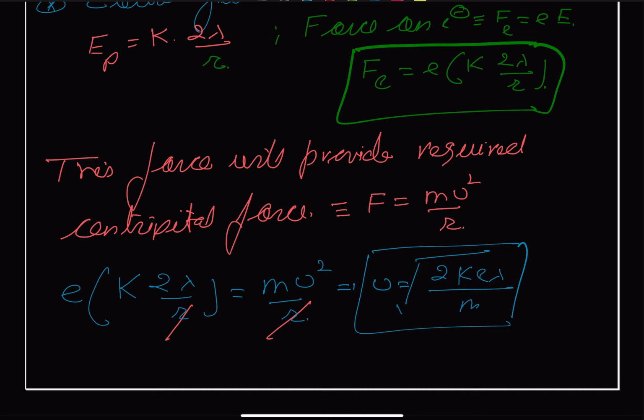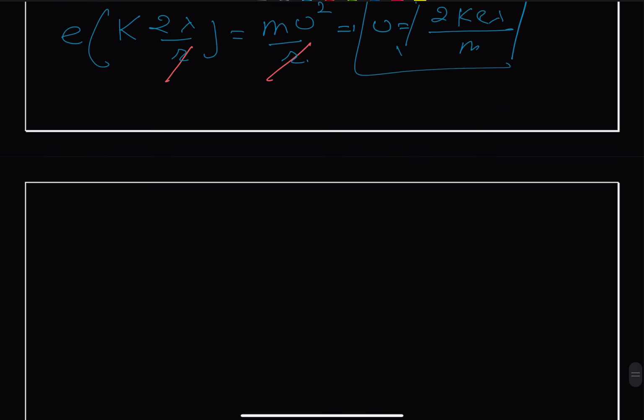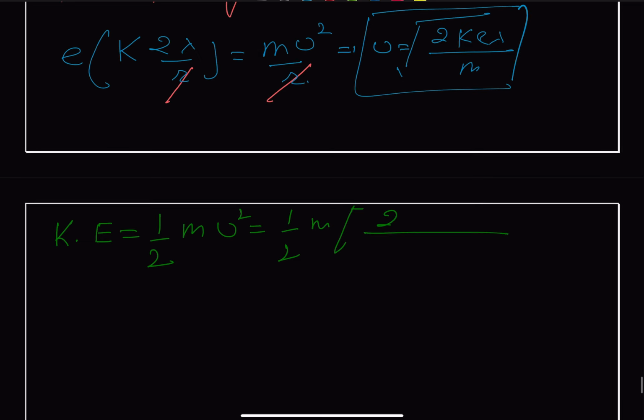We need to find out the kinetic energy. So we can say our kinetic energy is equal to half m v square, which gives half m into 2Ke lambda upon m. And here m, 2 and 2 go away. So we get our kinetic energy is equal to K lambda e.